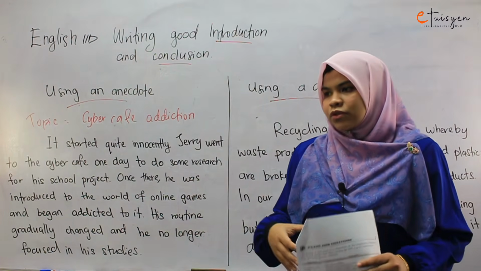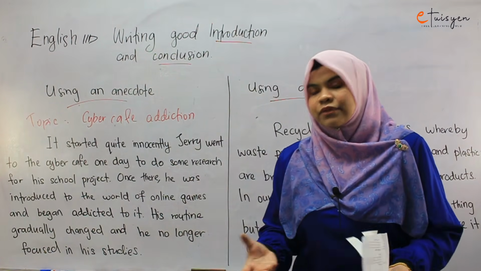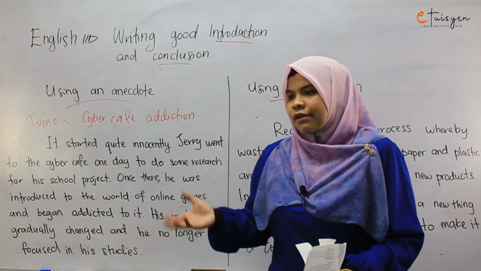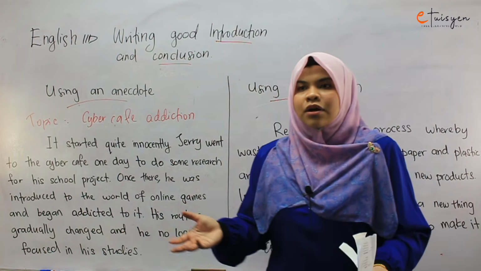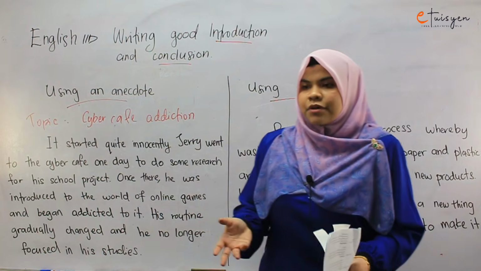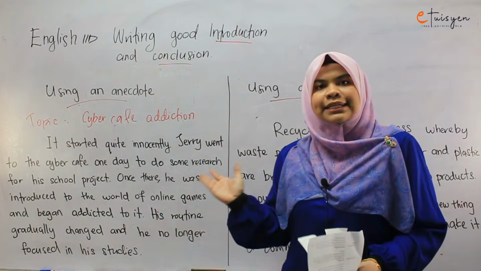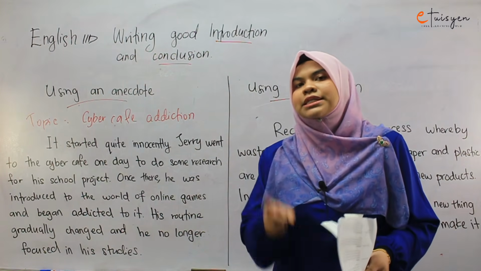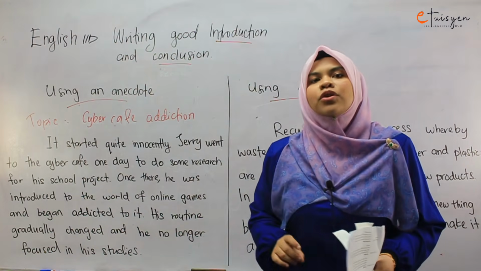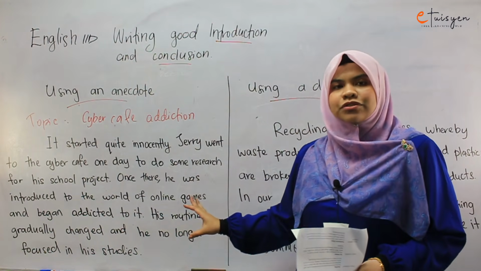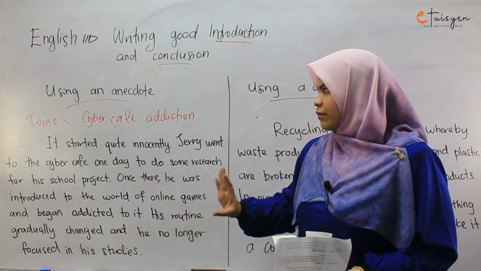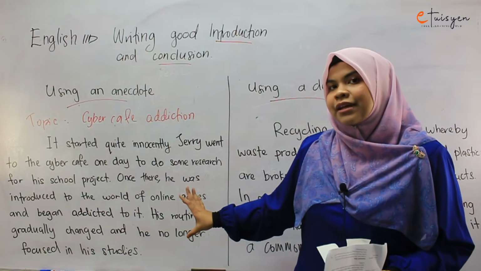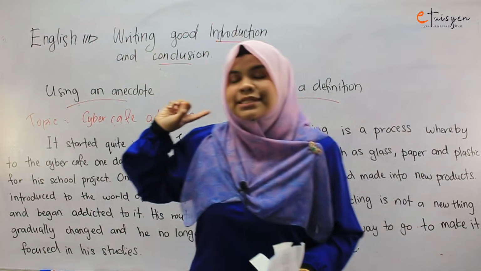Because if the question is asking you to write, for example, on traveling or on farming, this does not have anything to do with that. So make sure you read your question, understand what it wants, plan your essay, and then start with a good introduction like this one. This is more if you're making a story, anecdote.